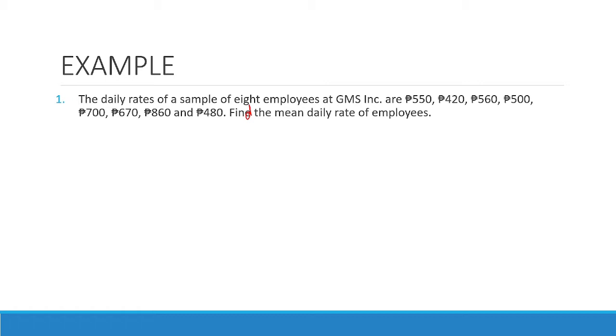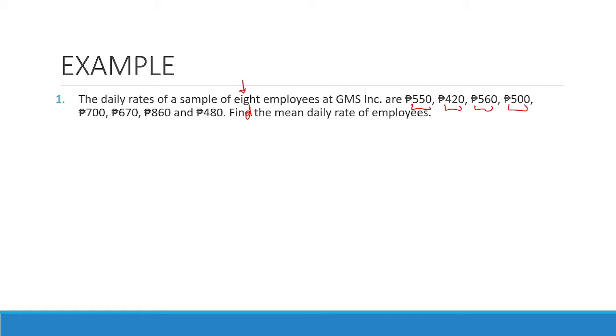Okay, now that it's out of the way, our values of measurement will actually be the 550, 420, 560, 500, 700, 670, 860, and 480. And for the number of our samples, it will be 8. As you can see here, if you count these values, at ayun, magiging 8 yung binilang.